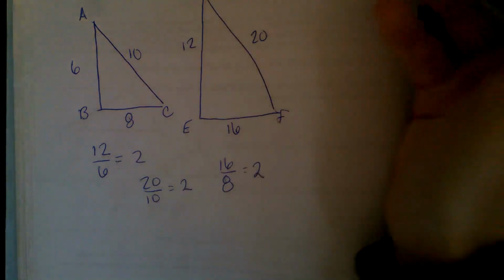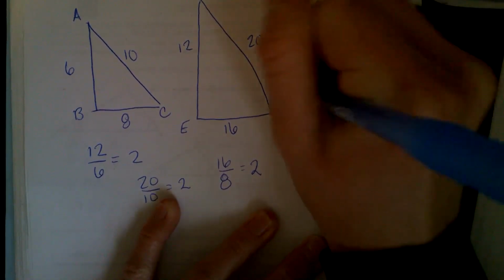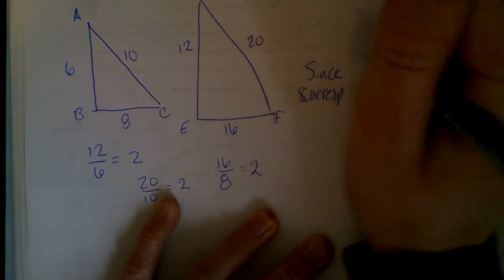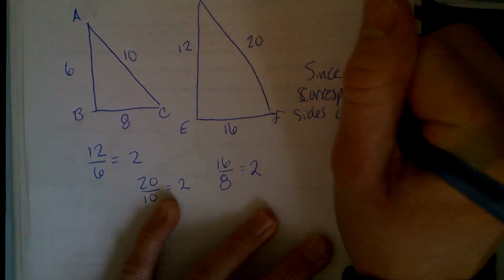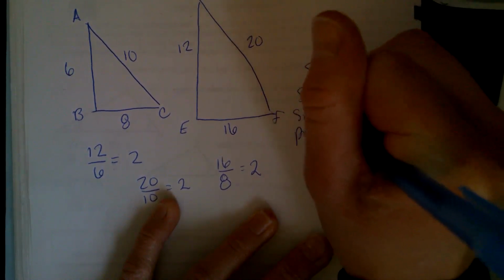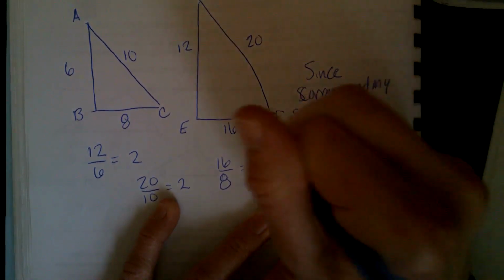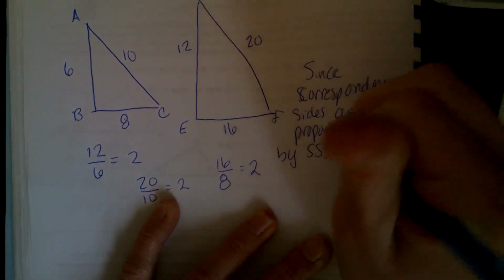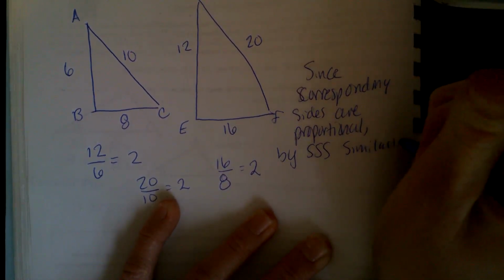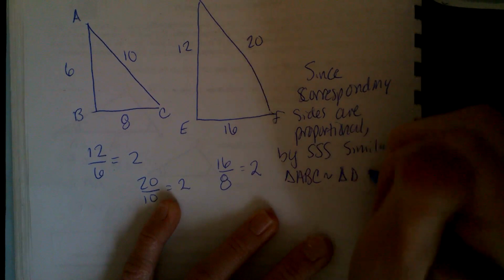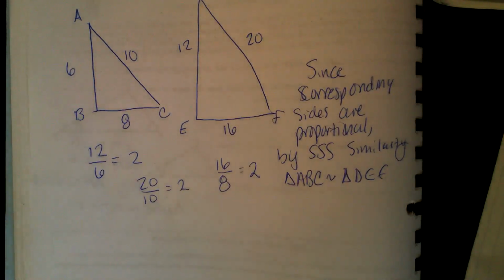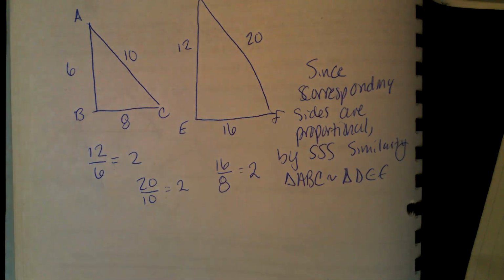Now, since corresponding sides are proportional, just like I said, by side, side, side similarity, triangle ABC is similar to triangle DEF. So corresponding sides have to be proportional for two triangles to be similar by side, side, side similarity.